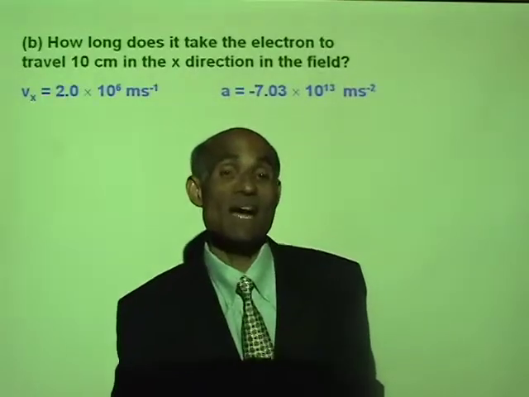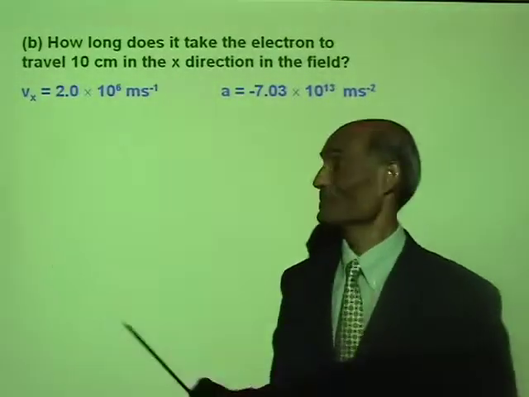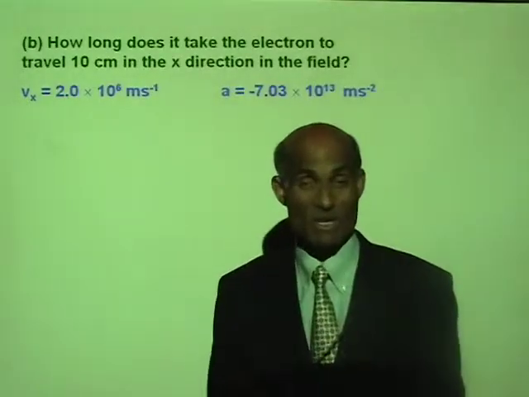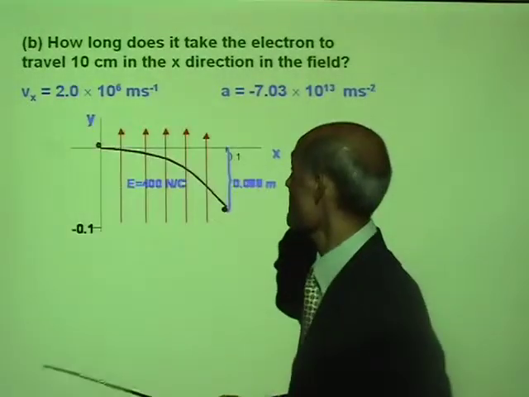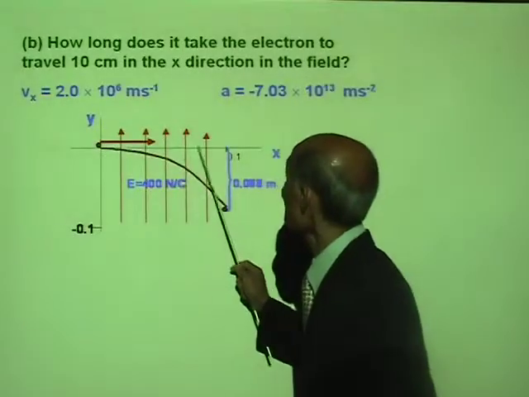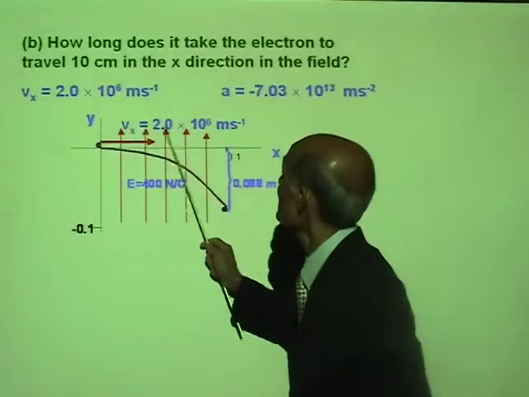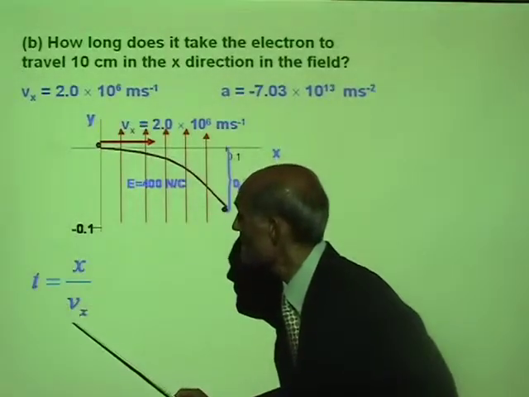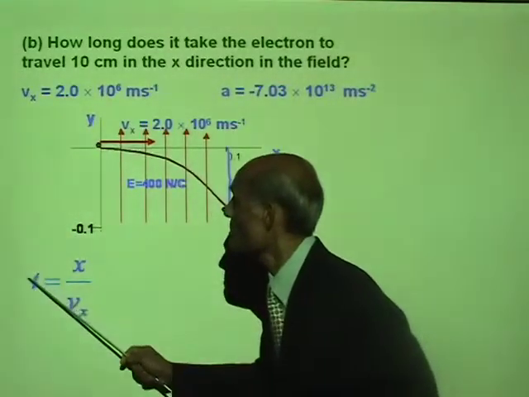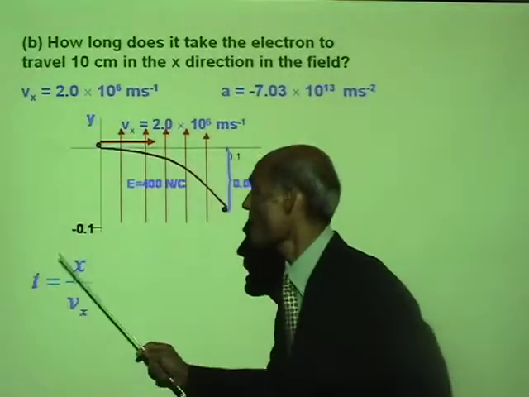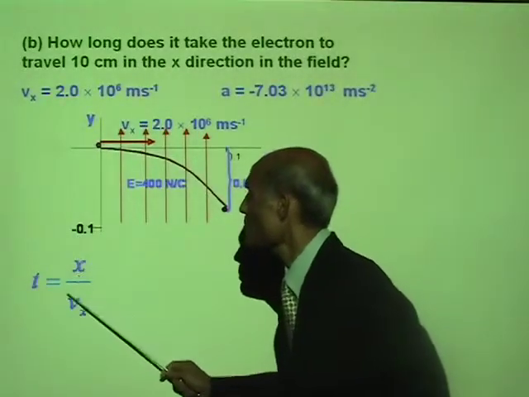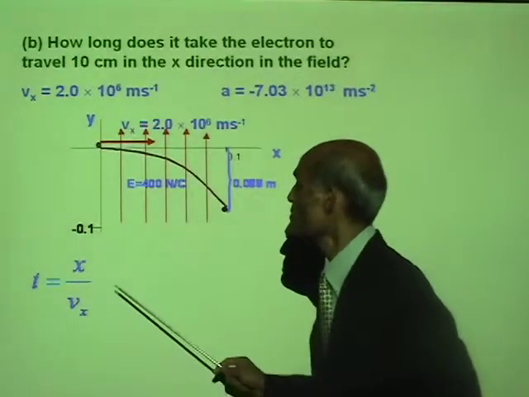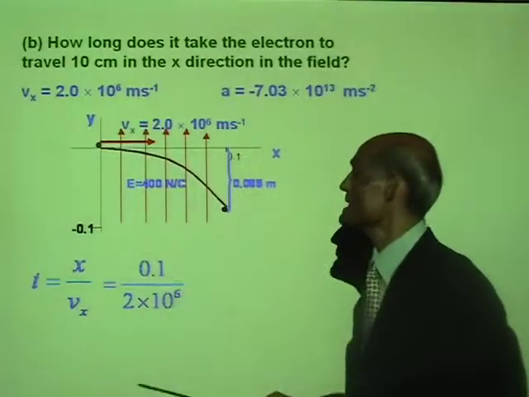Can you find the time taken to do that? Well, x equal to v times t, is that right? When the velocity is constant. We got x equal to the constant velocity multiplied by time, or the time is distance traveled divided by the uniform velocity. Well, the distance given to us is 0.1 meter.